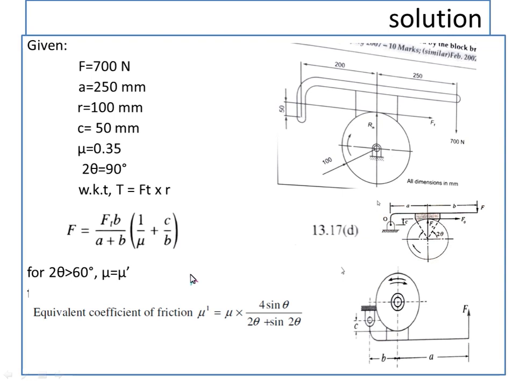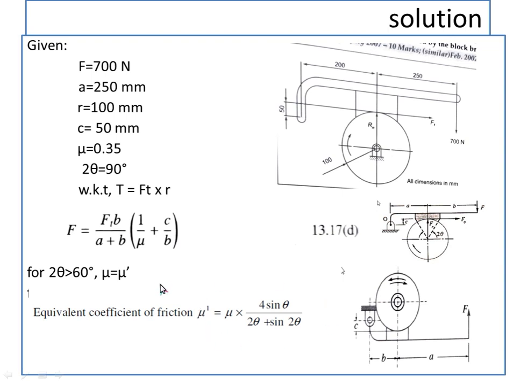Whenever 2 theta is less than or equal to 60 degrees, we can say there is a uniform wear condition. But where 2 theta is greater than 60 degrees, you need to substitute mu as mu dash. Mu dash represents the equivalent coefficient of friction, which is also in your data handbook.